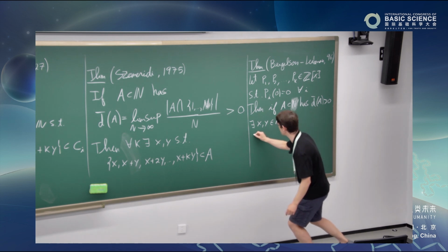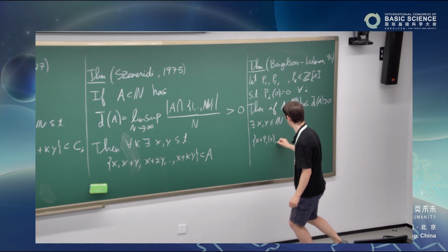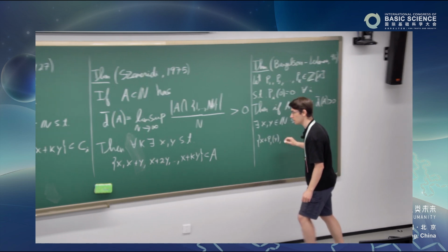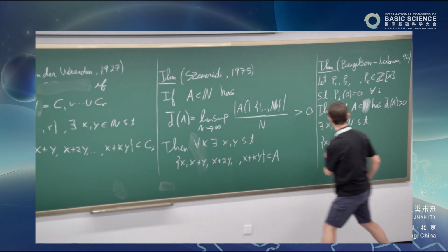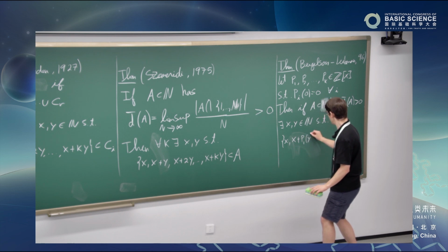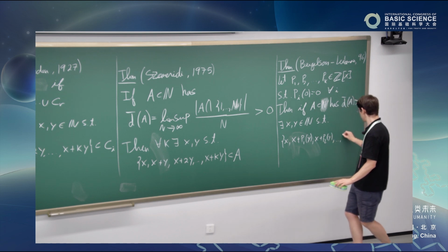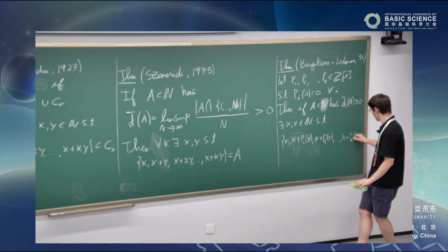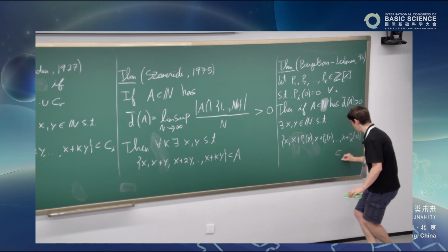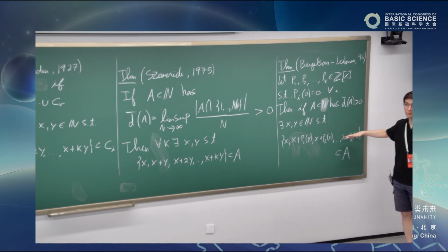There exist x and y such that x plus P1 of y, x plus P2 of y, and so on, all these numbers will be contained in my set A. Okay. So any polynomial progression, which is the name we give to these objects, can be found inside this set A.